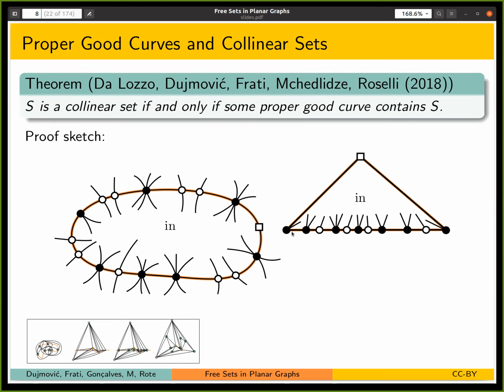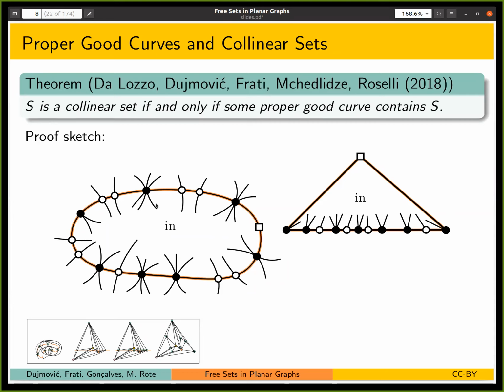And more than that, I can actually prescribe where the vertices of the cycle go, as long as they're on a convex polygon. So in particular, I can take the convex polygon, which is a triangle with one of its edges subdivided. That special vertex that I introduced is one vertex of that triangle.